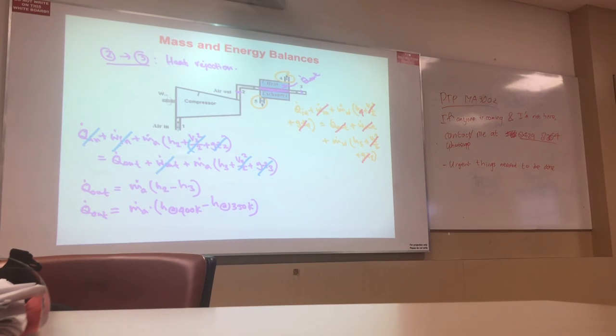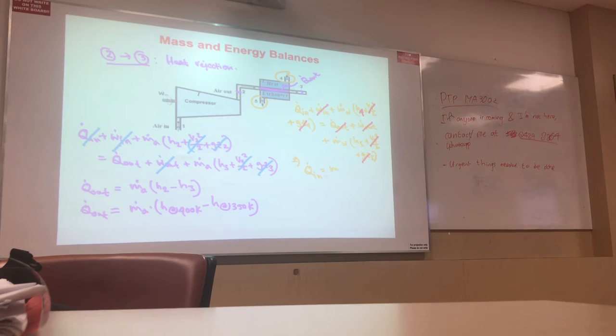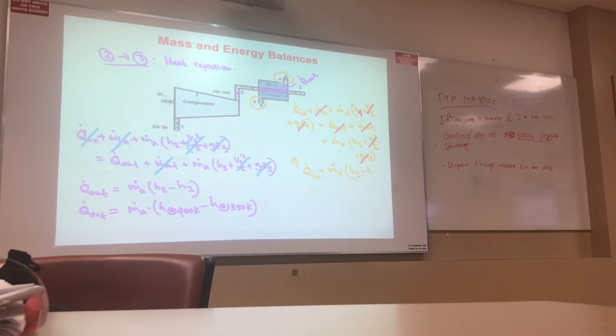Then I can write Q in becomes m dot water times H5 minus H4. What is H5?